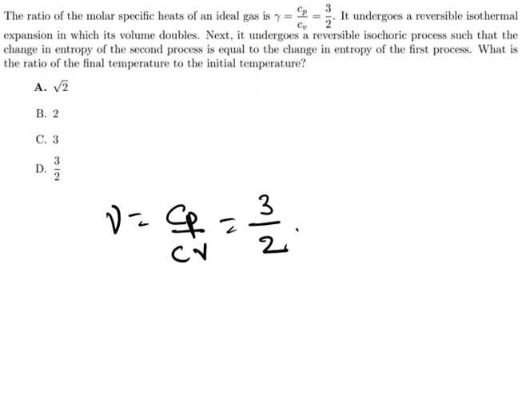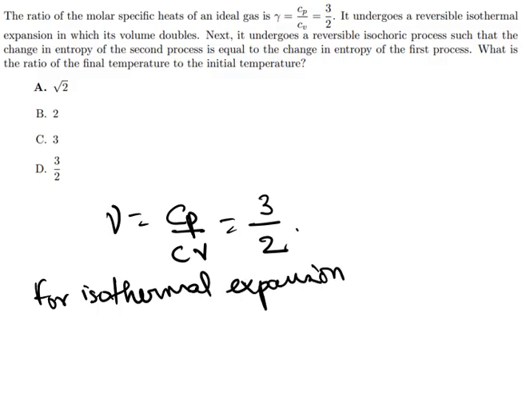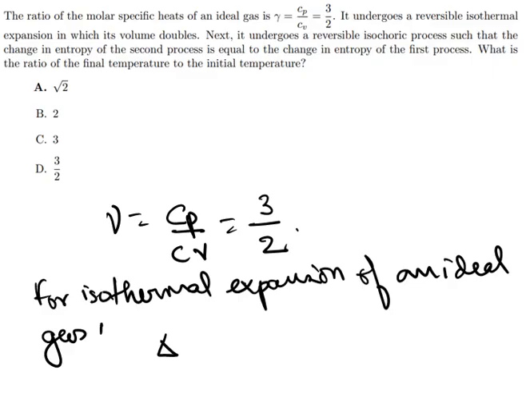So for the isothermal expansion of an ideal gas, we can write del S1 equal to nR ln V2 by V1.